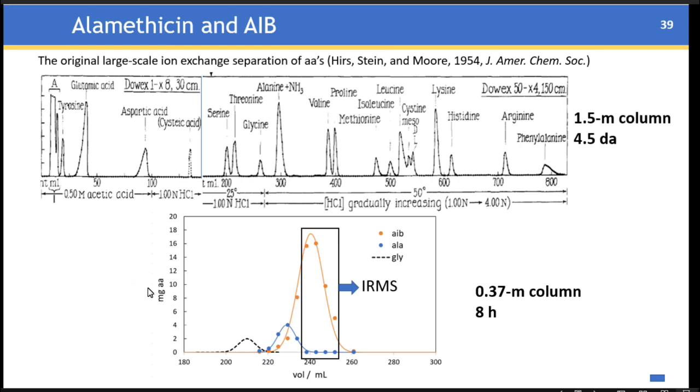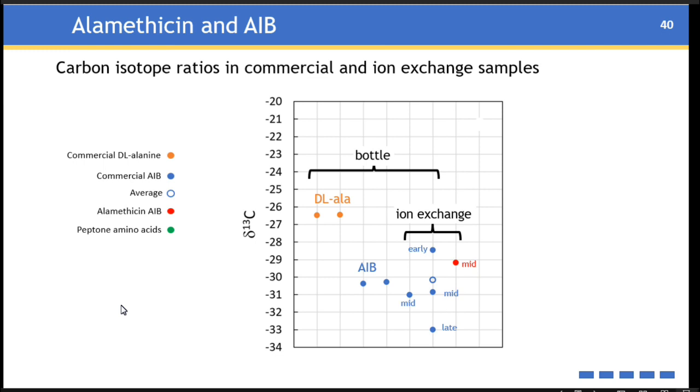The fact that I have not taken the whole peak here turns out to be crucial. So in all, I've done about 10 isotope determinations at the Stable Isotope Lab. And so here's the delta C13 scale.